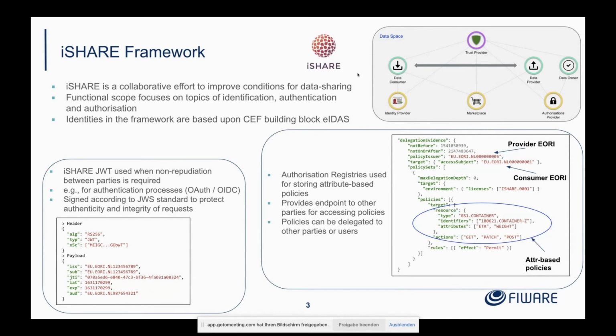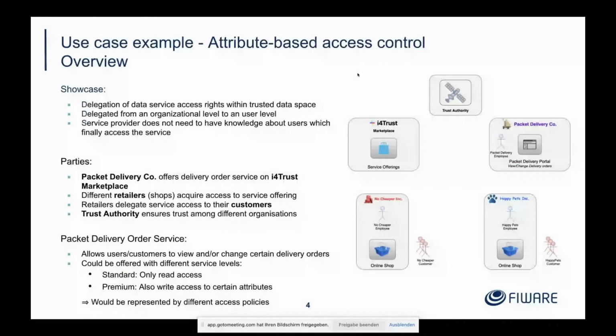So those are the basic ingredients, and now I'm coming to the specific use case example we developed at i4Trust. What we wanted to show here is how to delegate the access rights for such a data service within the trusted data space.